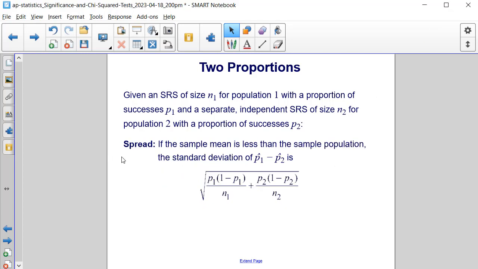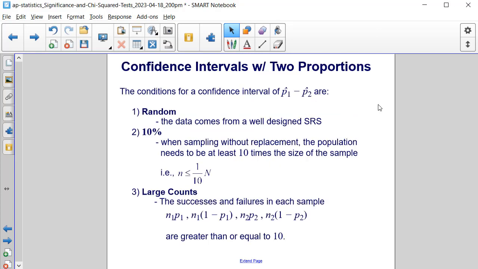Regarding the spread, the standard deviation of sample proportion 1 minus sample proportion 2 is given by the formula, which is the square root of P1 times the quantity 1 minus P1 all divided by N1, plus P2 times the quantity 1 minus P2 all divided by N2.